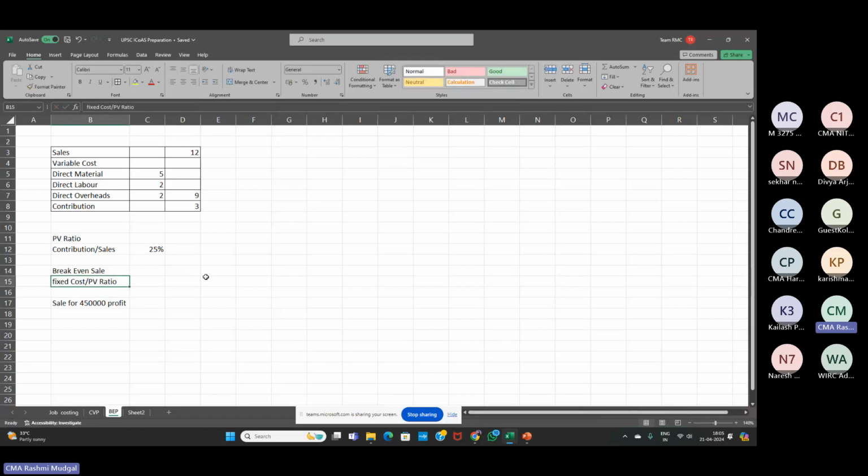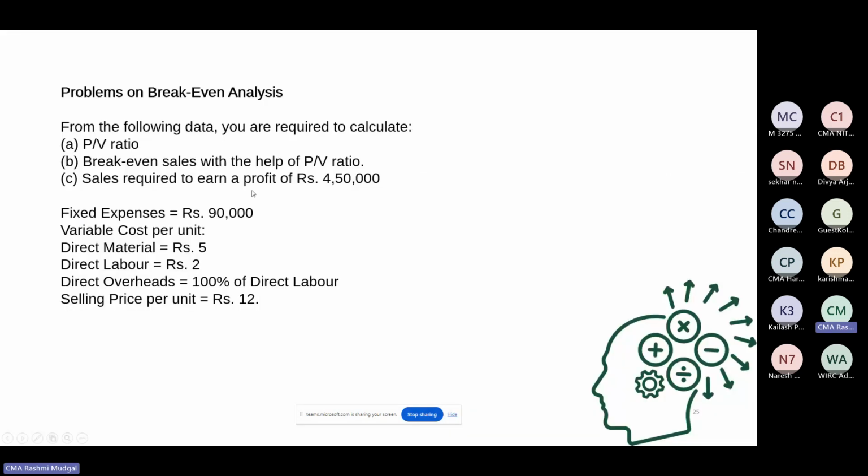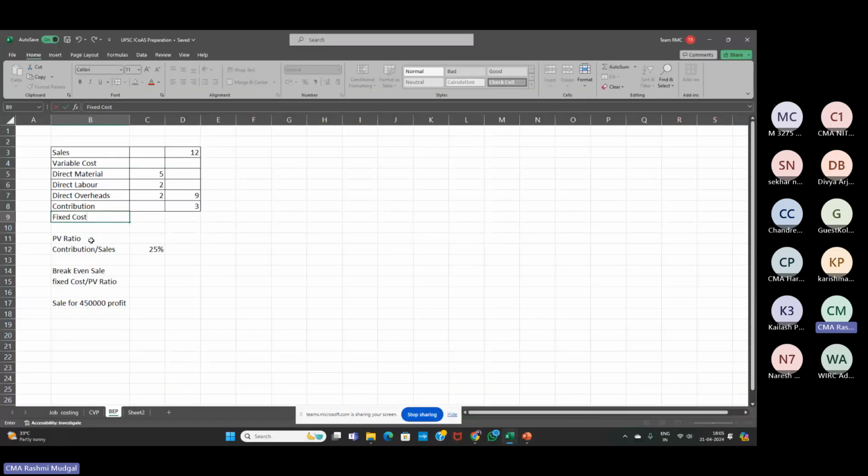So my fixed cost, if I recall, is 90,000. So I can see here my fixed cost is 90,000. So I will say 90,000 divided by the PV ratio of 25%.